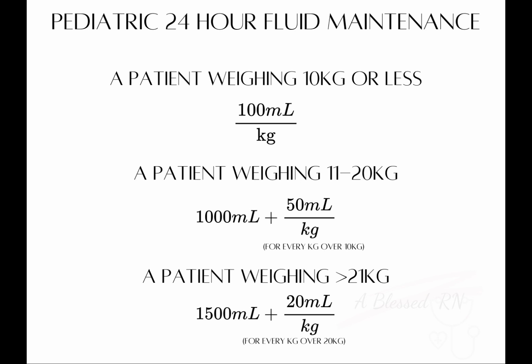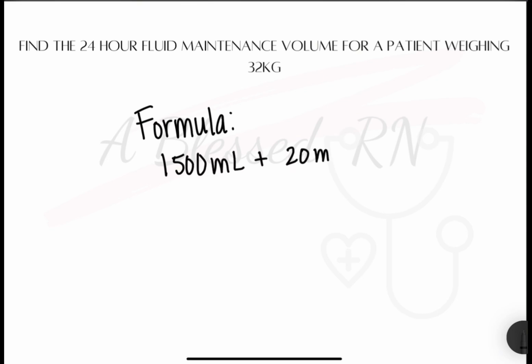So I'm going to show you what this looks like. The 24-hour maintenance volume for a 32 kilogram patient would be the formula: the 1,500 milliliters plus the 20 milliliters per kilogram for every kilogram that is over 20 kilograms.